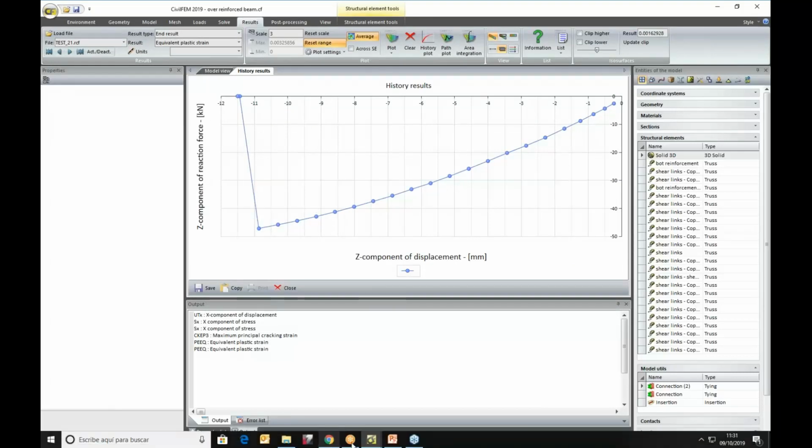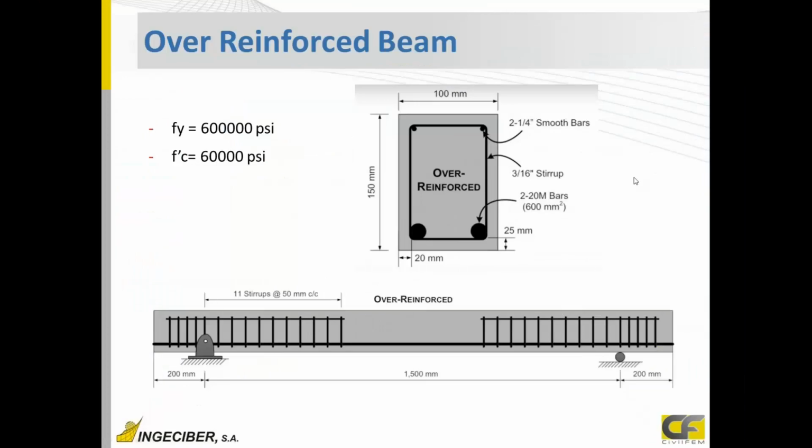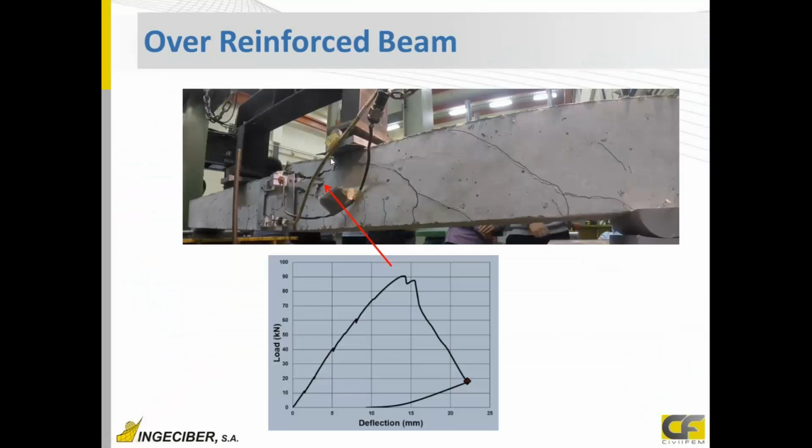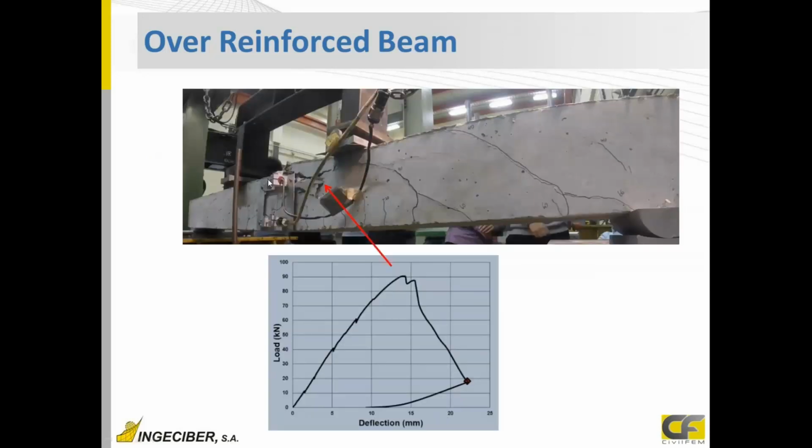So it's a brittle behavior of concrete when it is due to compression in over-reinforced sections. If I see these results, I can see here the compression failure starts from the loads that I am applying, 2 different loads at half a meter. Here we are applying a load here and another load here. So we have failure there instead of in the center, as we saw before.